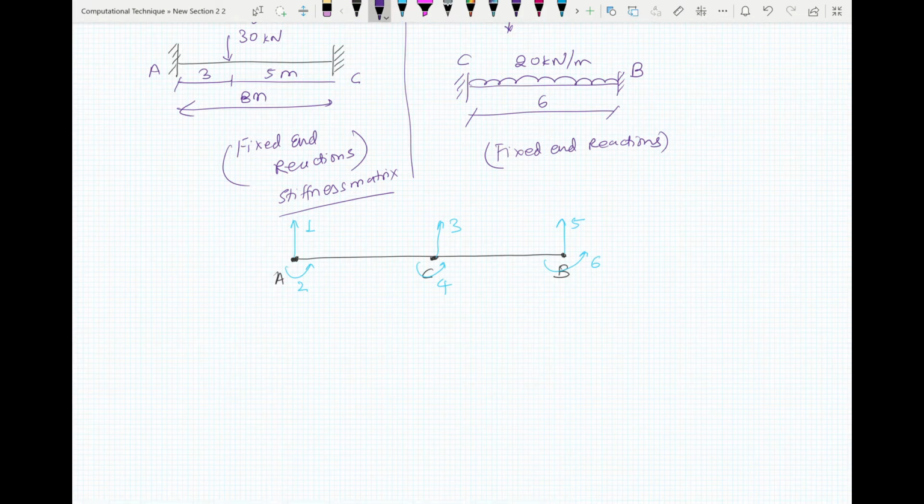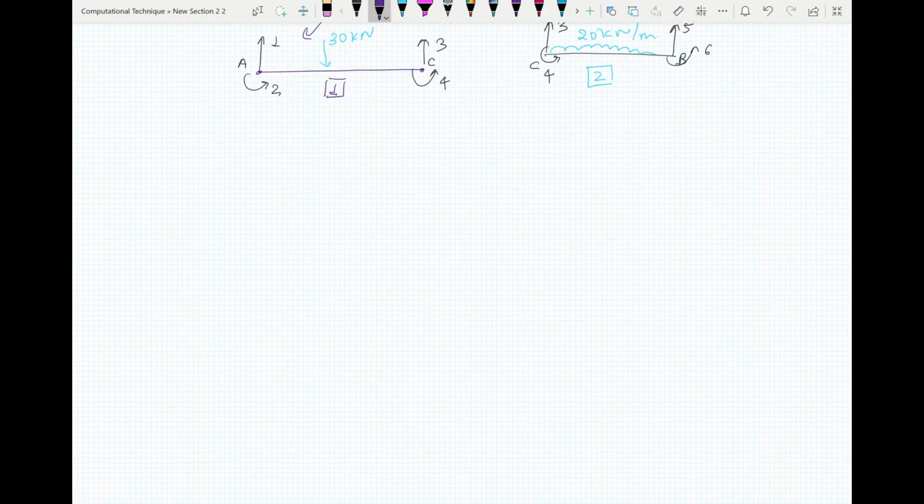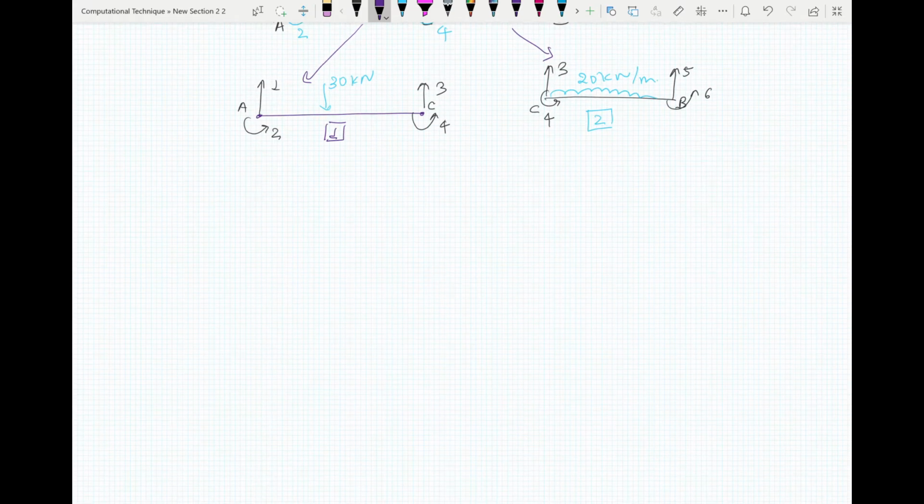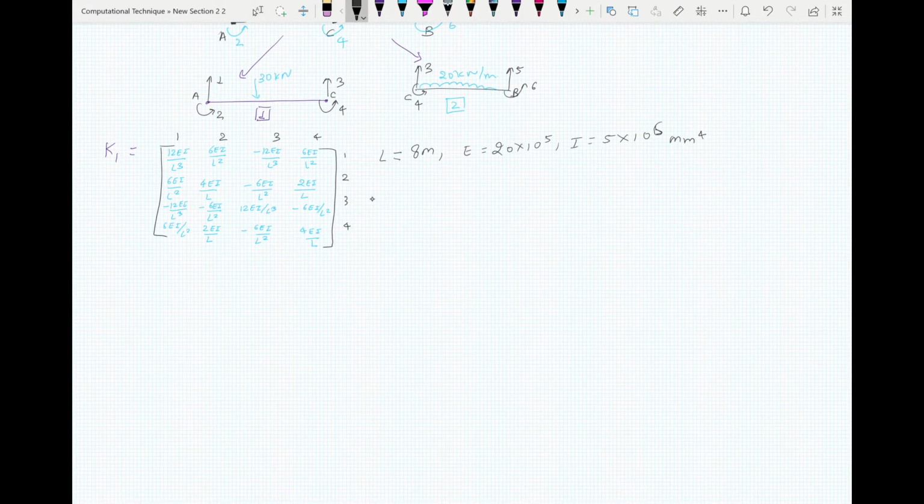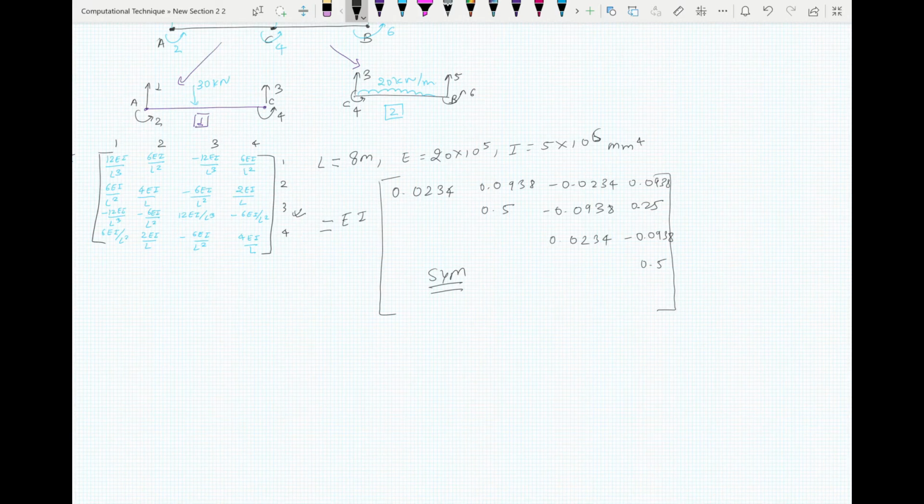Now we have separated this into two elements. We are to form our stiffness matrices for each of them. So for element number 1, your K1 will be equal to, and here you'll obtain your stiffness matrix. This is a symmetrical matrix. Now degrees of freedom will be 1, 2, 3, 4, 1, 2, 3, and 4.